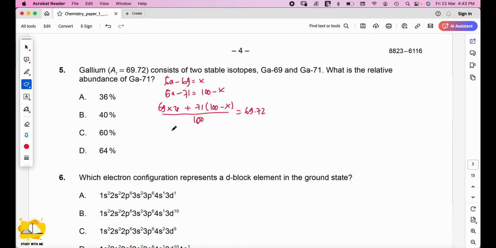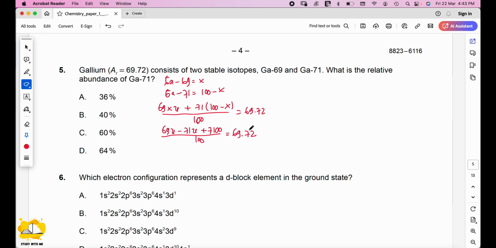After you do some calculation, you will find 69x minus 71x plus 7,100, divided by 100, equal to 69.72.